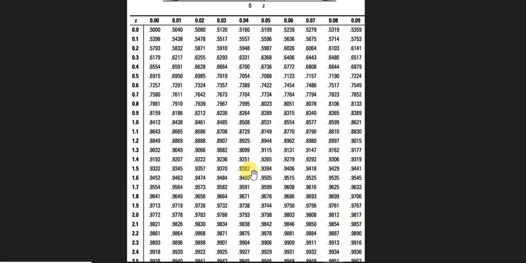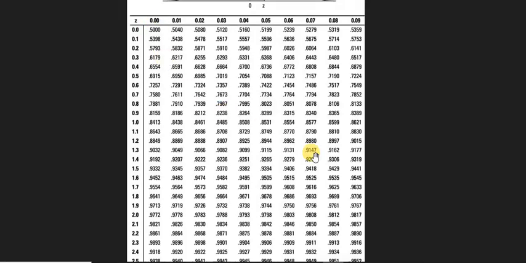If you can see my Z table here, a Z value of 0, that is 0.0, has a probability of approximately 0.5. That is how we look at our Z table. You come to this column, look for the value 0.0, then you come to the first point where we have a value of 0.5.